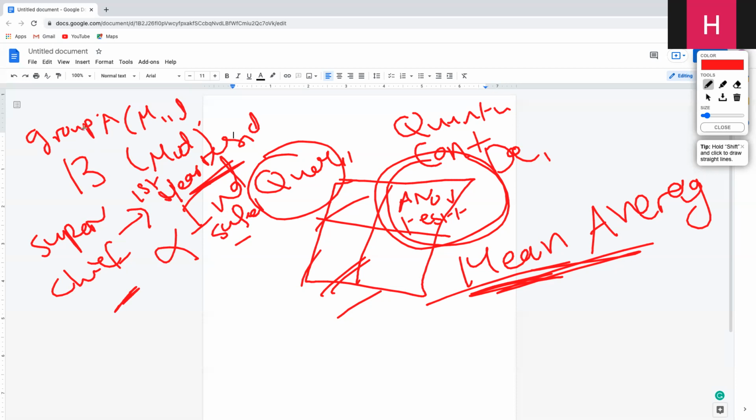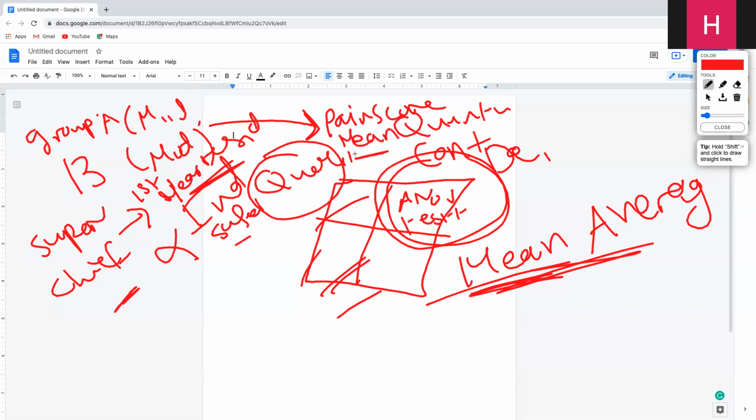So going back, if I told you I have group A and group B, and group A has mild disease and group B has moderate or severe disease, and the outcome, I told you that I'm comparing the mean, the average of the pain score.